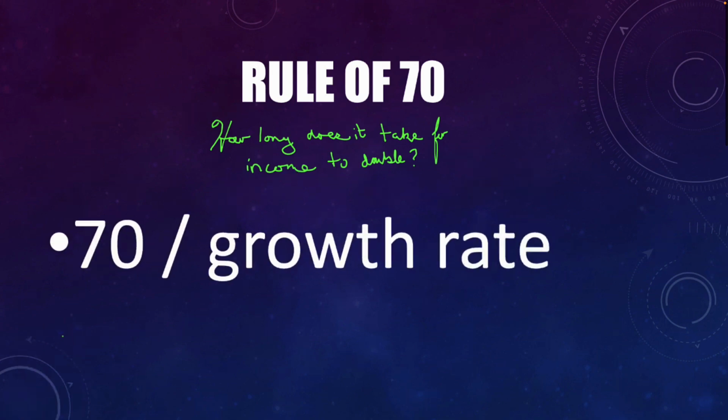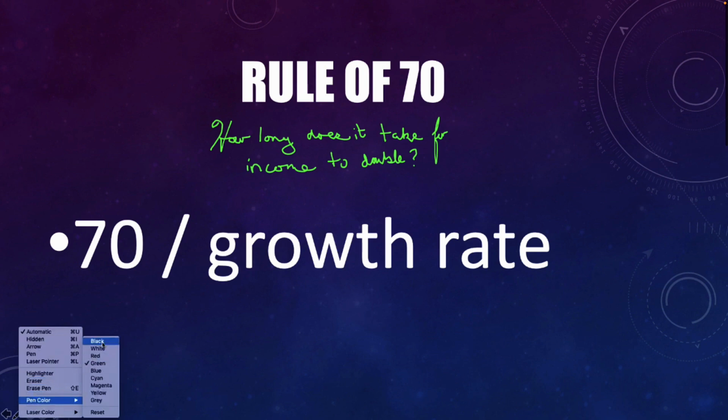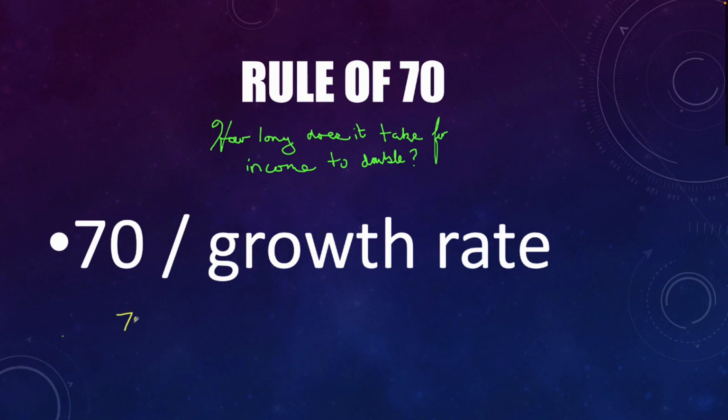To figure that out, we take 70 and divide it by the growth rate. So, if you have a growth rate of 0%, we're going to take 70 and divide it by 0, and that's going to tell us how many years it takes for GDP to double.